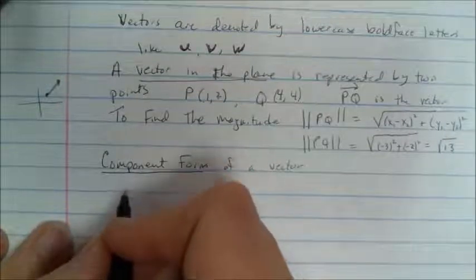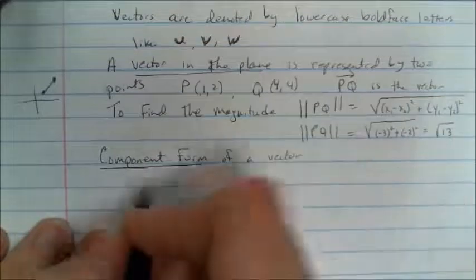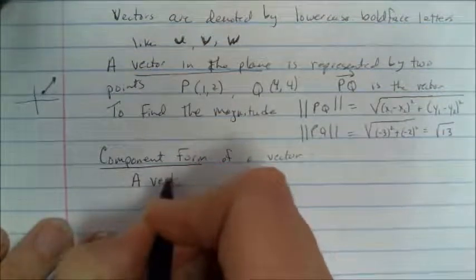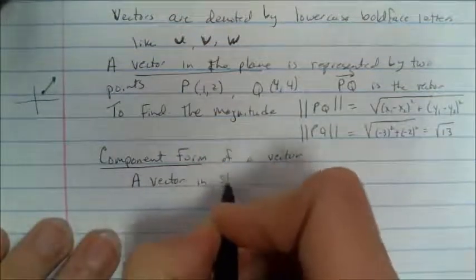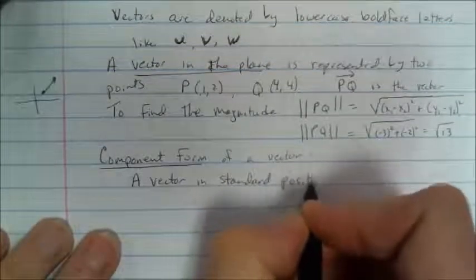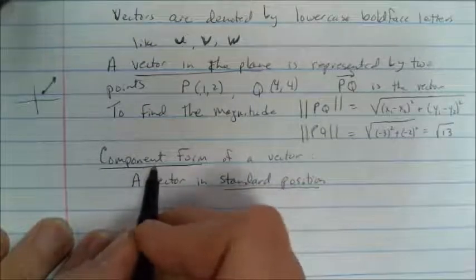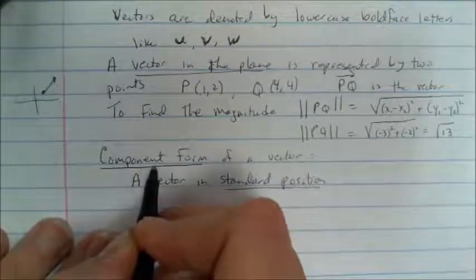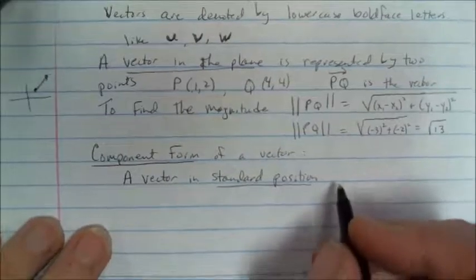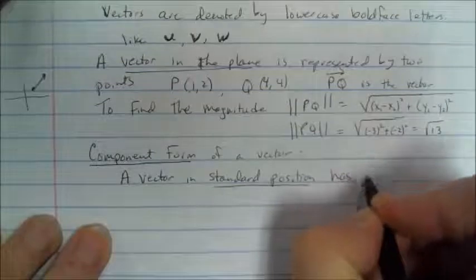So let's talk about a vector in standard position, because the vector in standard position will get us to the component form of this vector. So a vector in standard position has its initial point at the origin.